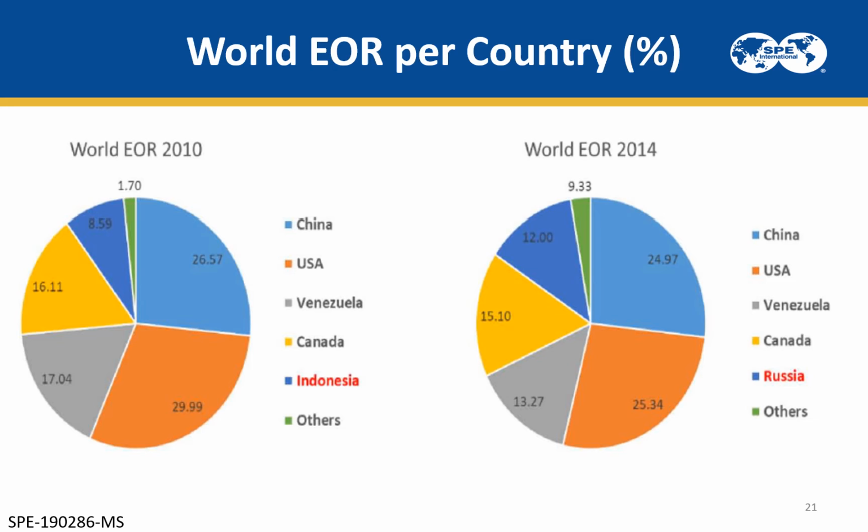But in 2014, we can notice that the USA and China have almost the same percentage of EOR projects, and Venezuela reduced to 13%, and Canada 15%, and in 2014 Russia is 12% of the contribution from EOR.